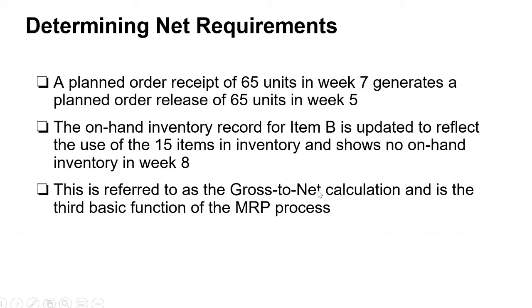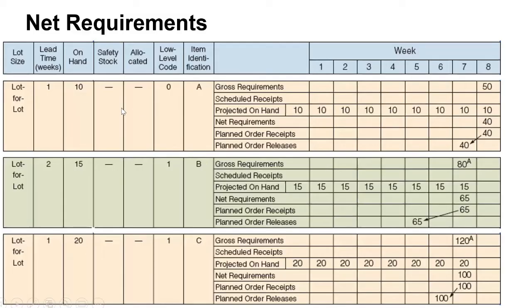So this is referred to as the gross to net calculation, and it is being done in the MRP process. Okay, the third basic function of the MRP process. So you do the backward calculation and backward exploration until you get your final. So this is ABC. Okay, can you see this? Can you understand this?